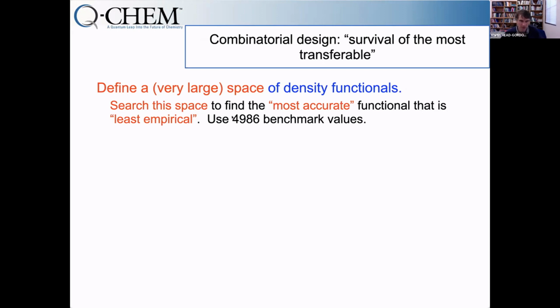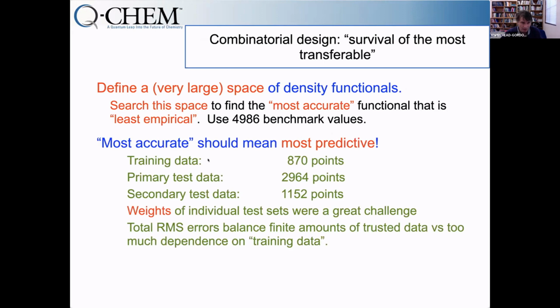And we were able to, me and a brilliant student, Nabe Marderosian, round up 5,000 benchmark values, 5,000 pieces of data. And then we would divide that data, following principles of statistical learning, into a relatively small training set, a much larger testing set, and then some secondary test data.